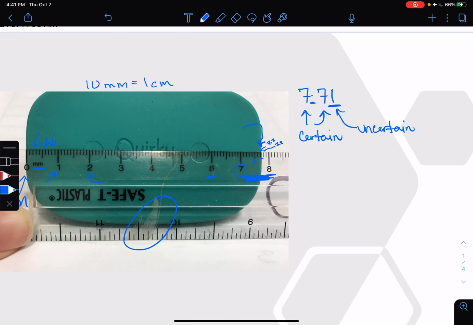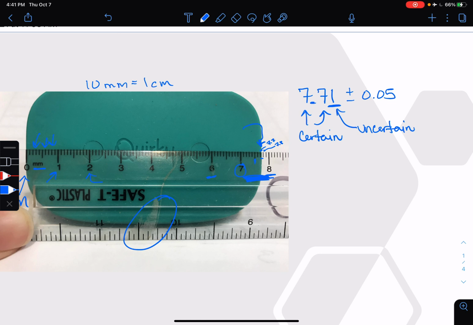So I'm just going to say if the object is between the two of those, I'm just going to say it's like halfway in between. And if this is the case, then you most likely would just go ahead and put that we have a level of uncertainty of plus or minus 0.05.